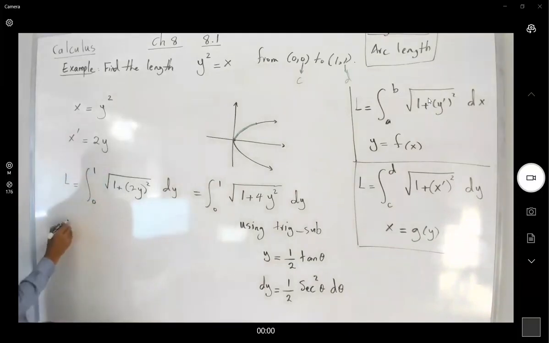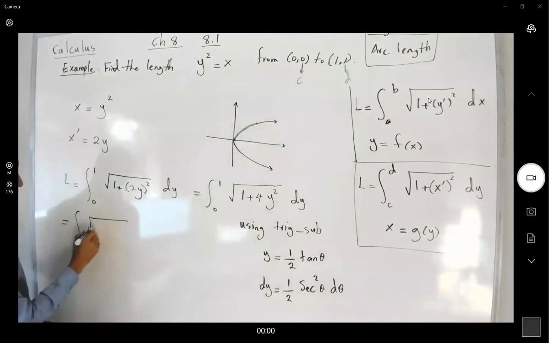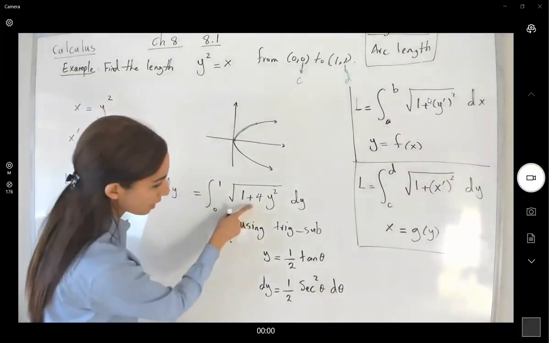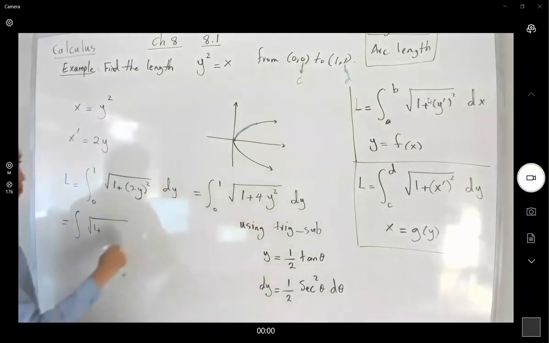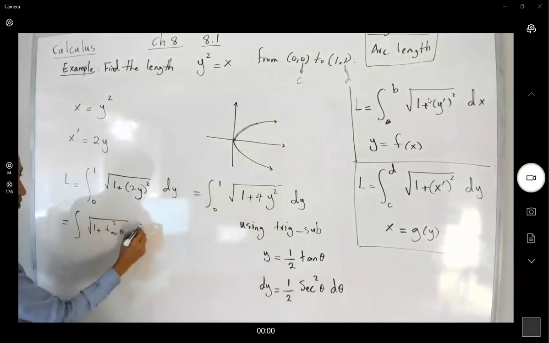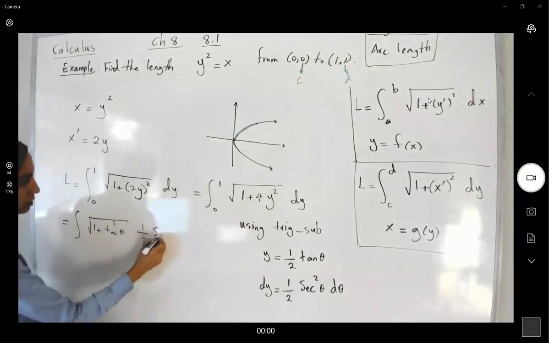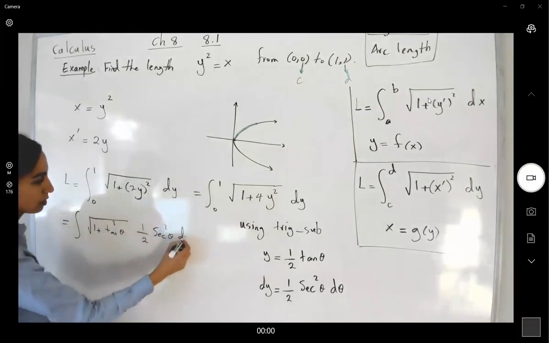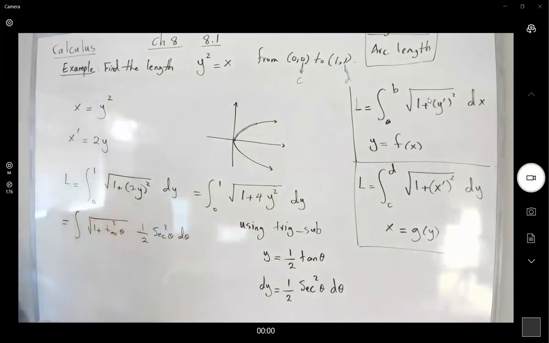Your L is equal to the integral. So here you have the square root of 1 plus 4 times y squared, so you can cancel out these two: 1 plus tangent squared theta, times a half secant squared theta d theta.